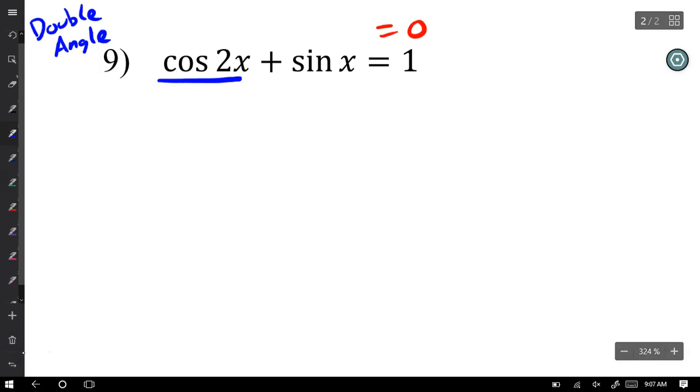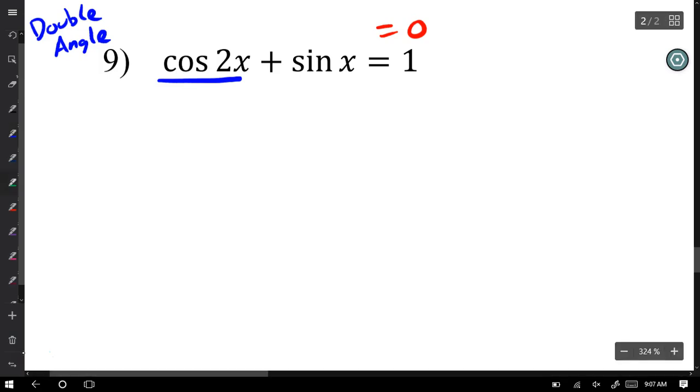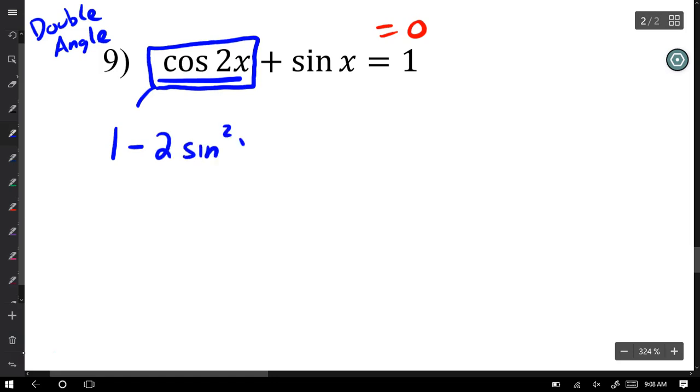And what I'm going to do is change everything into sines. So if I go to my double angle theorem, and I look at cosine of 2x, and I look for the ones that deal with sines, cosine of 2x is 1 minus 2 sine squared of x plus sine of x.